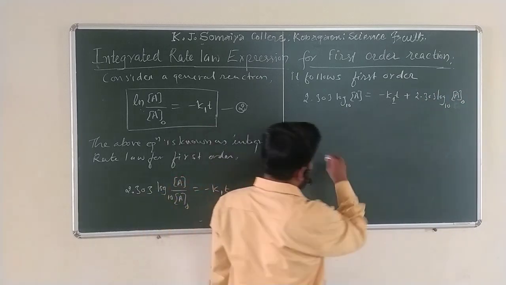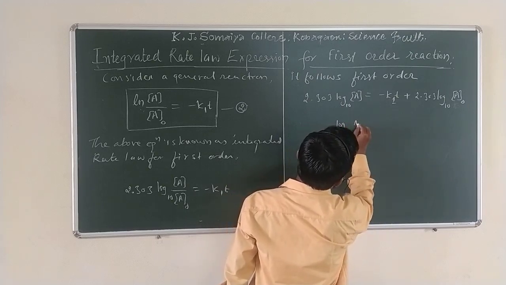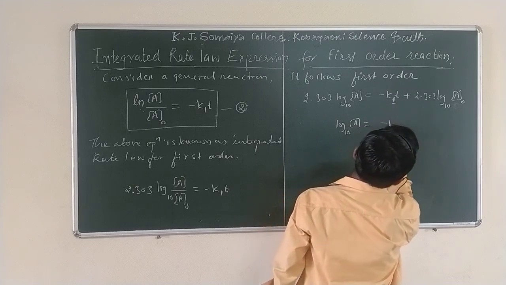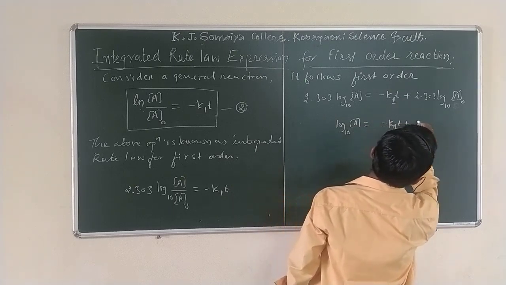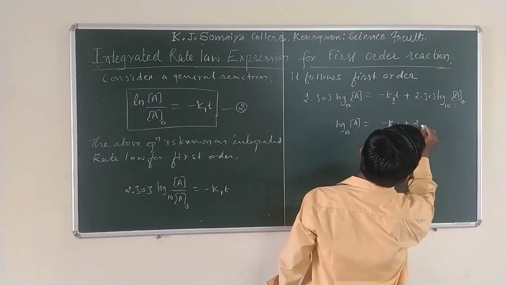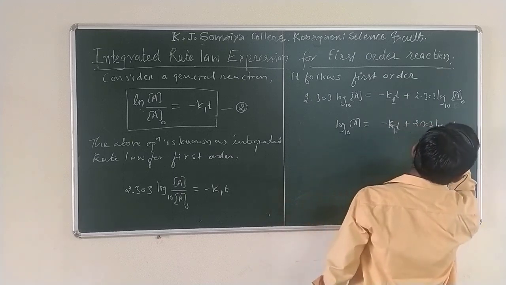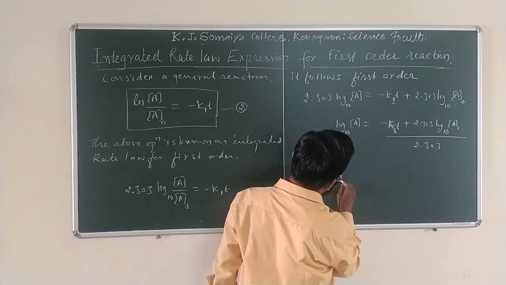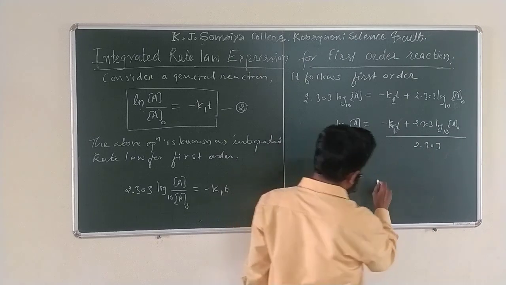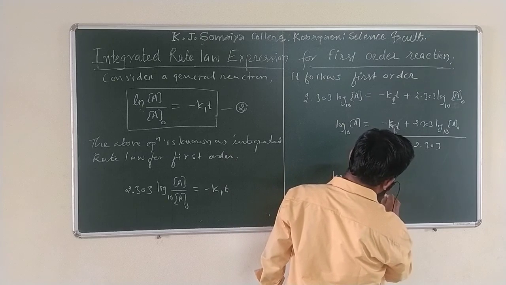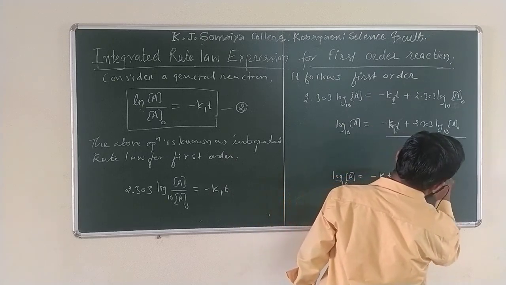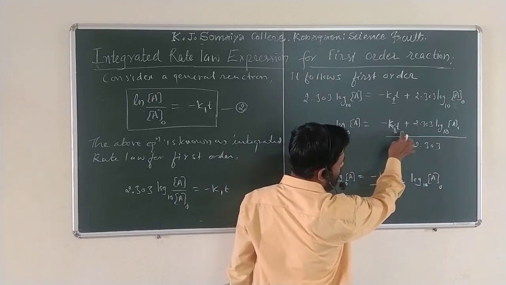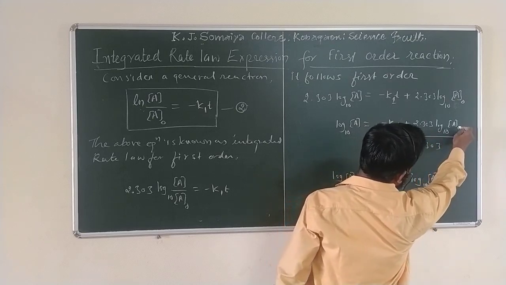Now log10 of concentration of A is equal to minus K1 t, divided by 2.303 on both sides, plus 2.303 log10 A0 divided by 2.303.